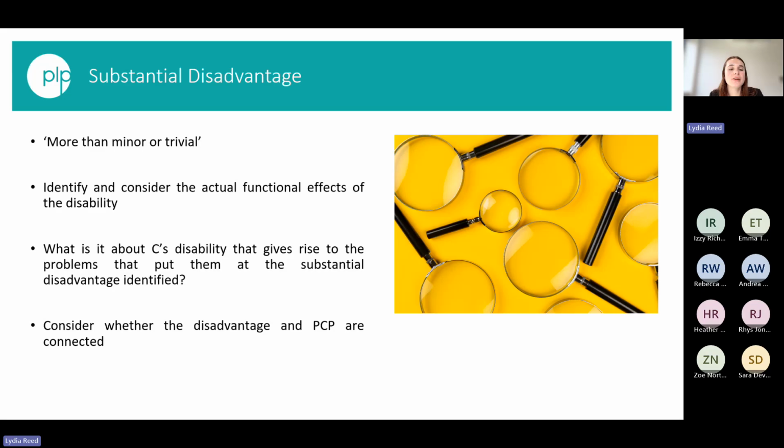So in doing that, the information likely to hand at this stage will be the claimant's medical records from their disclosure about their disability.